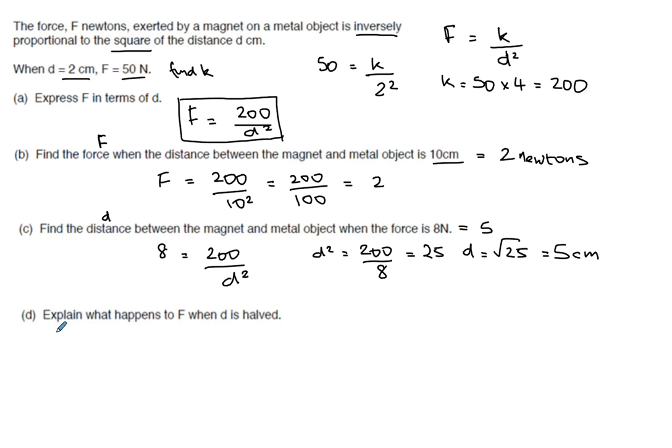It says explain what happens to F when d is halved. How can we check? Let's just play around a bit. We can see when d was 2, then F was 50.